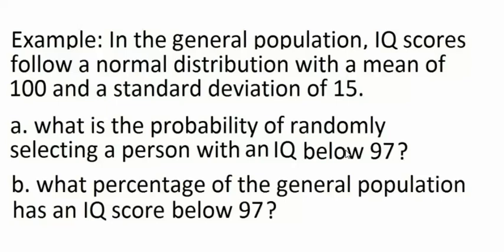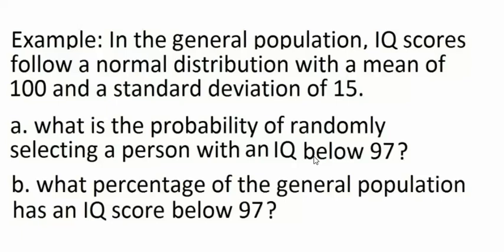Then we're going to turn that probability into a percentage, and we're going to find the percentage of the general population with an IQ below 97. So to get this percentage, we're just going to take the probability that we solved for in part A and multiply it by 100, and that'll give us the percentage in part B. So let's imagine that in part A we find out that the probability of getting a person below 97 is 0.46.